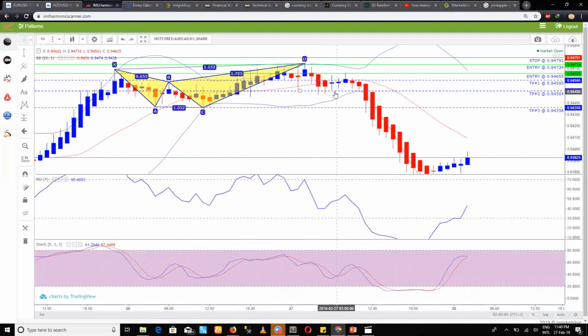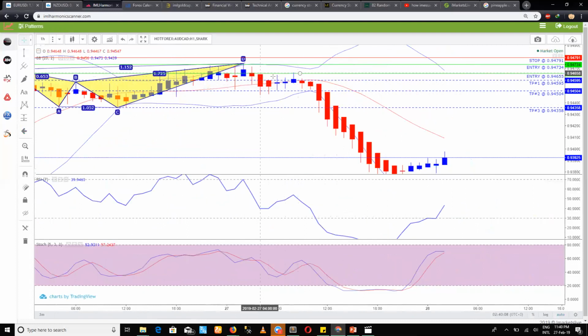Now, right after that, we had a flat top. Boom, a flat top. Now, right after the flat top, guys, see, even this particular trade passed TP3. So even, let's say, if you were waiting for this flat top to form before you took the trade, let's say you entered here.